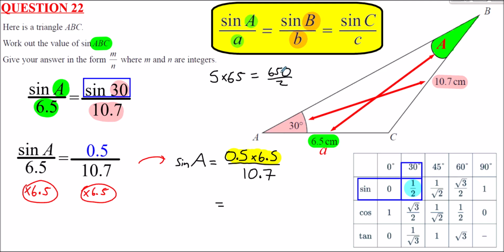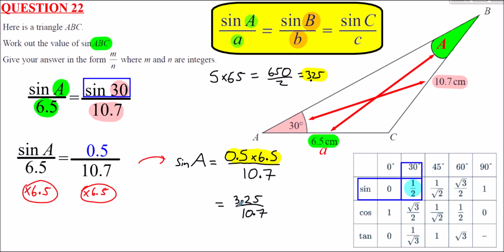So half of 650 is 325. And so for 0.5 times 6.5, remember to put the decimal back in: 1, 2 decimal places in the question, 1, 2 decimal places in the answer. So it must be 3.25 over 10.7.